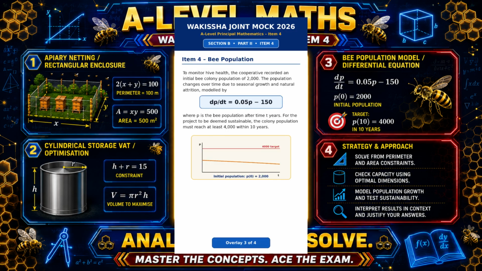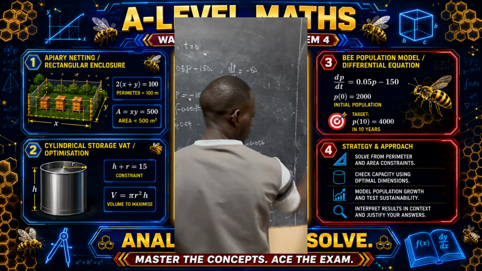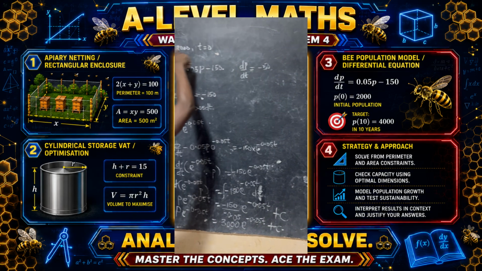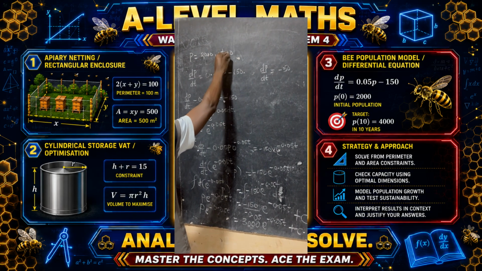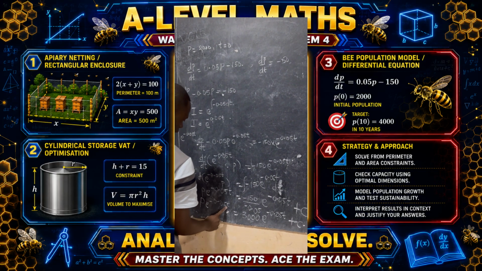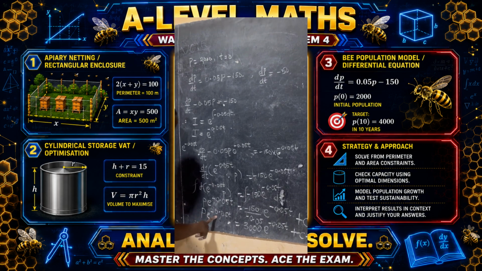Then they went ahead and gave us p naught when t is equal to 0. So I'm going to just use this exact space, because I want to get this constant of integration. When p is 2000, t is equal to 0. So I'm going to put here 0, and then a number multiplied by 0 will give me 0.